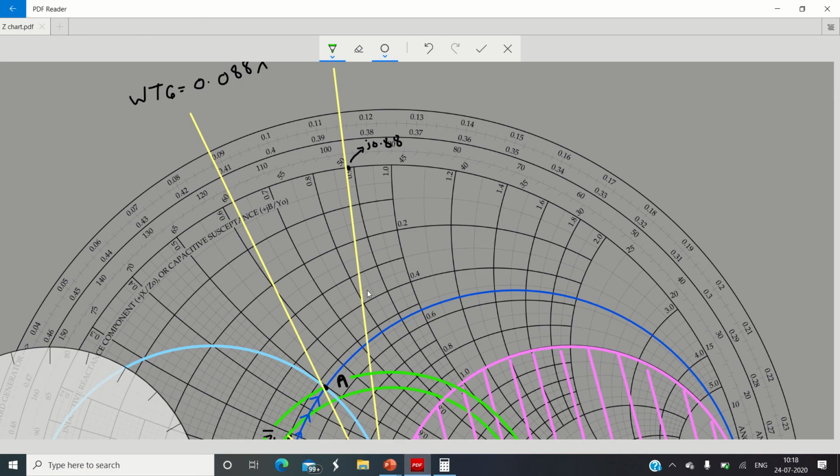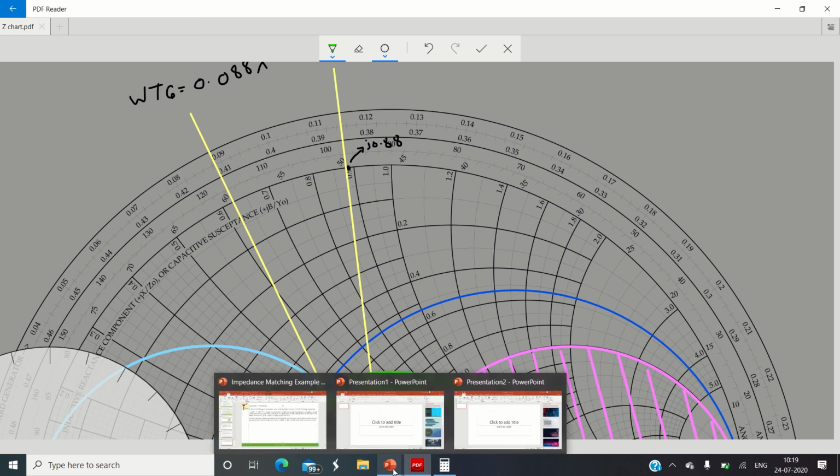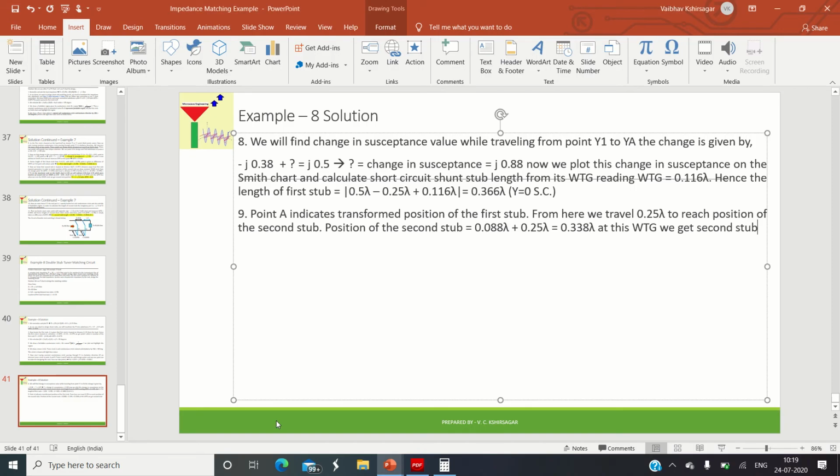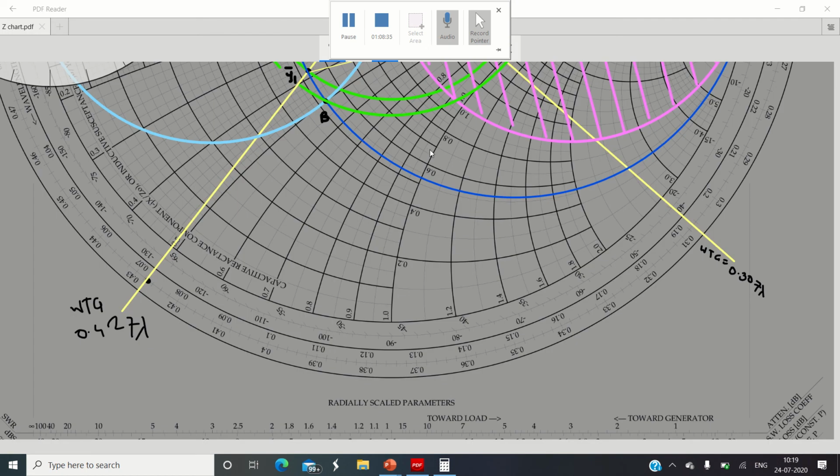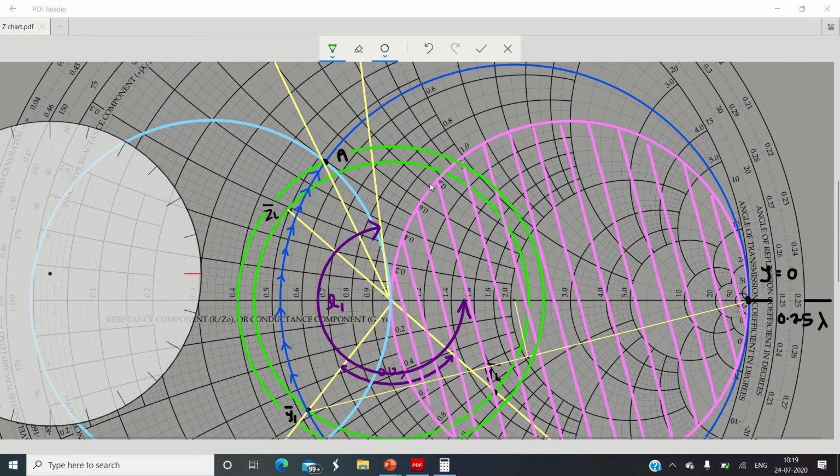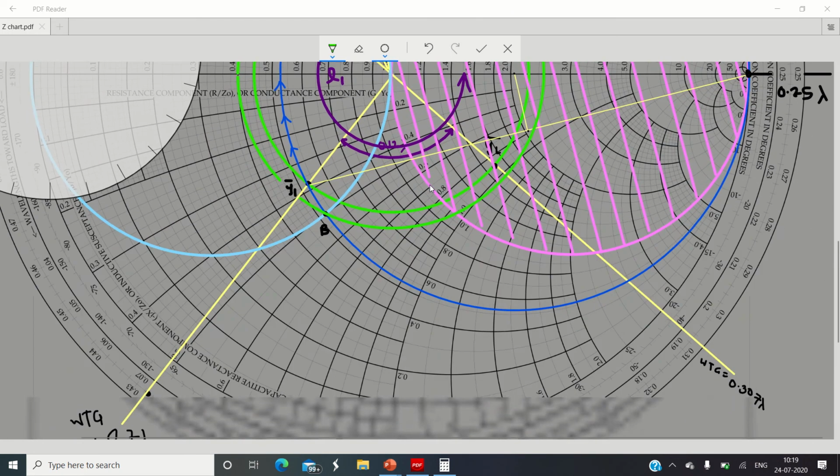So where is 0.338 lambda? 0.088 was the first transform point, so we need to locate 0.338 lambda WTG.